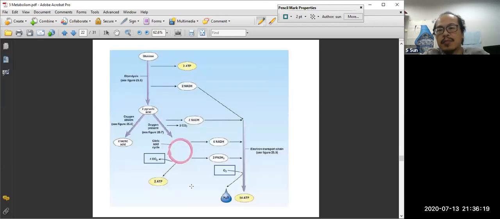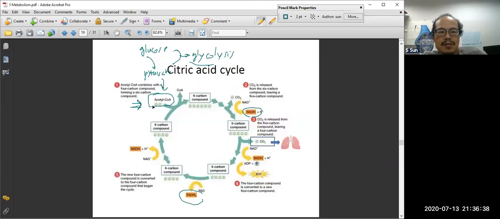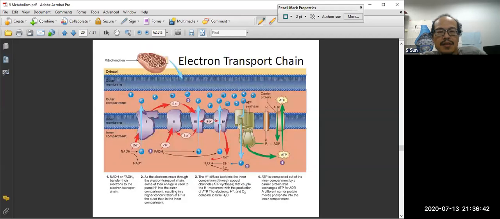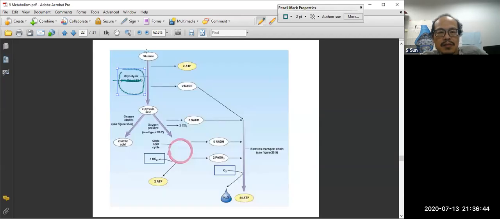So the entire process, glucose catabolism, is like this one here. Glucose goes through glycolysis, and don't worry about this figure here. So glucose goes through this process, glycolysis, to form pyruvate.